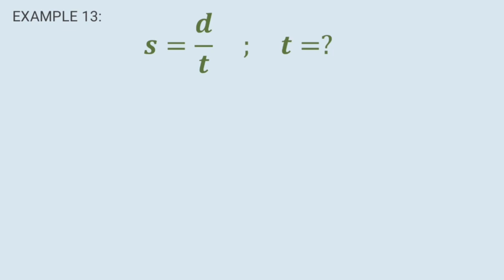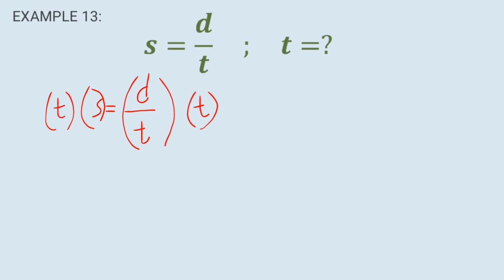Okay, let's try to solve this by not using the magic triangle. So how? So this is what we're gonna do. Let's first rewrite the literal equation, and the next thing we have to do is, since this is a fraction, we have to multiply this by t on both sides.